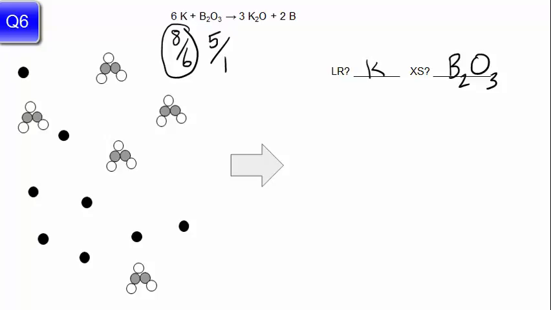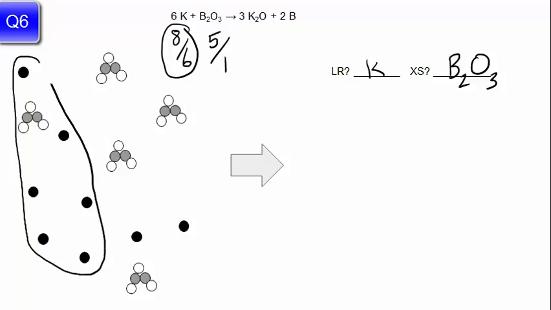Then we're going to circle to figure out how much product we make. And we see here that we can do the reaction once because we've run out of Ks. We don't have enough Ks. So we're going to draw 3 K2Os and 2 Bs. So first I drew the 2 Bs, and now I'm going to draw the K2Os.